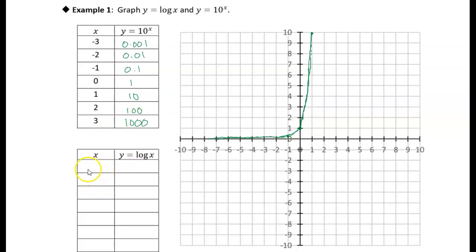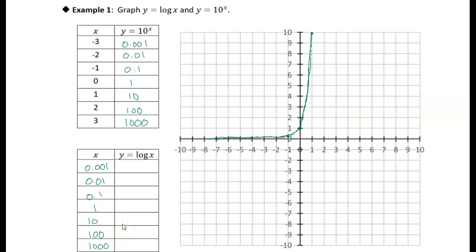So why don't we take 10 to the -3rd and 10 to the -2 and 10 to the -1 and 10 to the 0 and 10 to the 1, 10 to the 2nd power, and 10 to the 3rd power. So those are just easy x values to take the logarithm of.